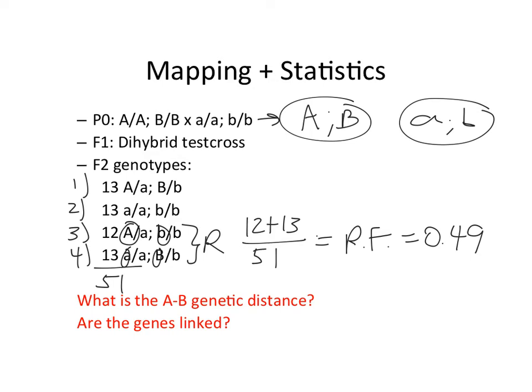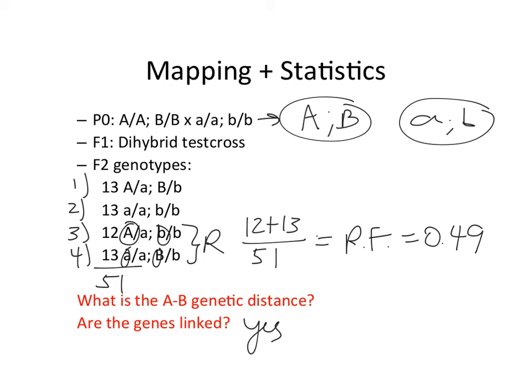If it's less than that, we would conclude that they are linked. Except you're all right, those of you that said maybe or possibly. Why are you right? They're so far apart on the recombination continuum. So 0.49 is pretty close to 0.5.